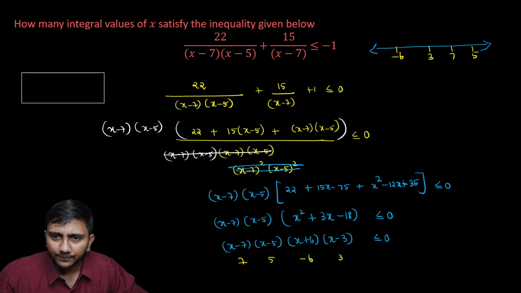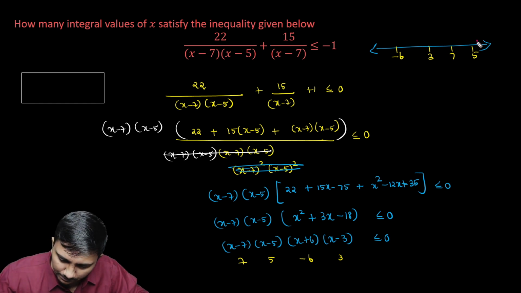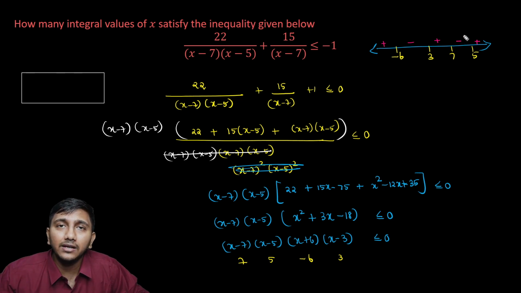So let's mark that. The rightmost side is positive and this interval is going to be negative. This interval is positive, negative, positive. These signs tell the sign that the graph will take in that interval. So in this interval, the graph will be negative. In between 3 and 5, the graph will be positive.